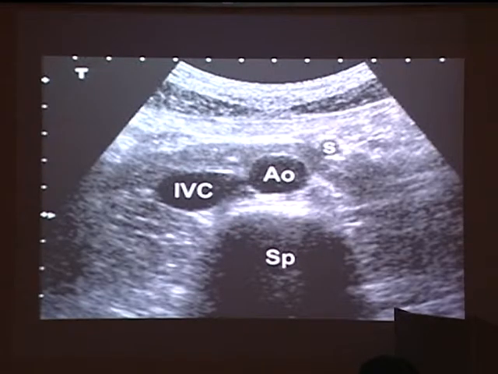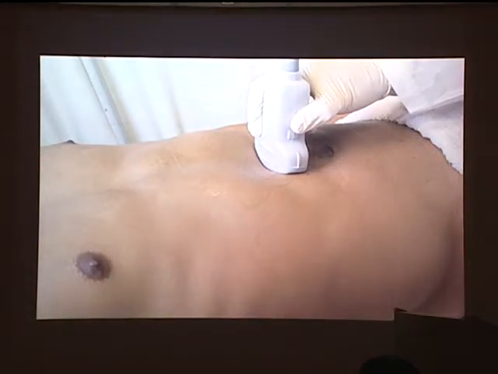At this level, and moving more inferiorly, you will see the aorta divide into the left and right common iliac arteries. Why is this level important? The bifurcation is located just above the umbilicus level.